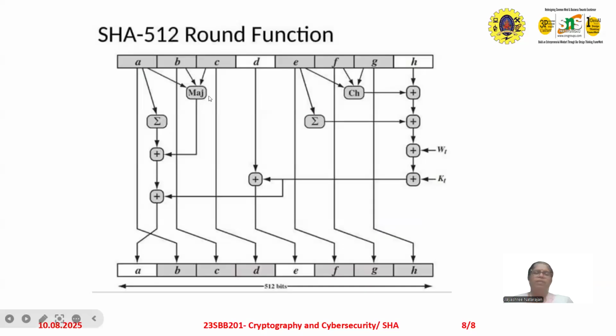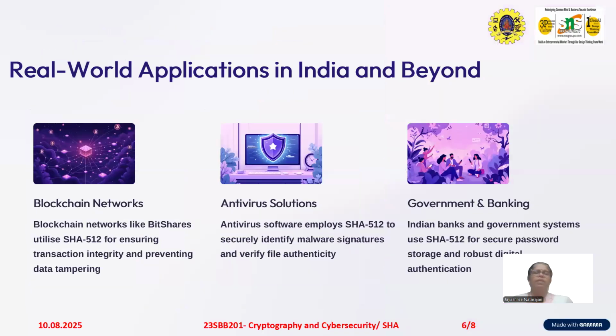Then the message words are added and XORed. Finally, the buffer values are replaced with new values. Like that, each block goes through various processes, and finally we get the message digest of 512 bits.